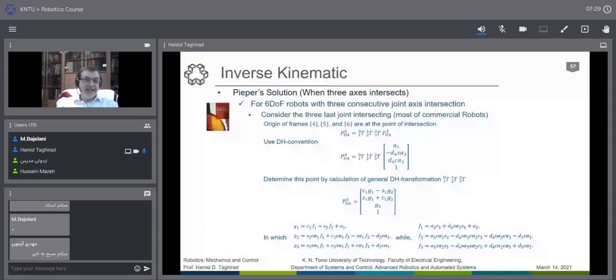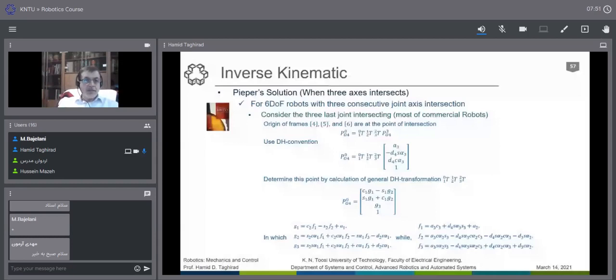We are reaching the last session in kinematic analysis of robotic manipulators, and in this session we will discuss the inverse kinematics of a general 6R manipulator, or 6 degree of freedom manipulator.